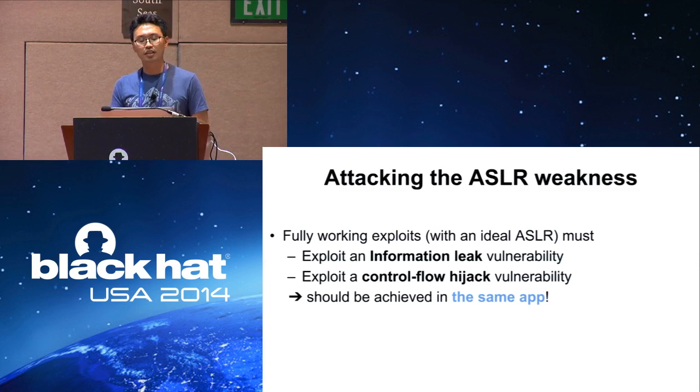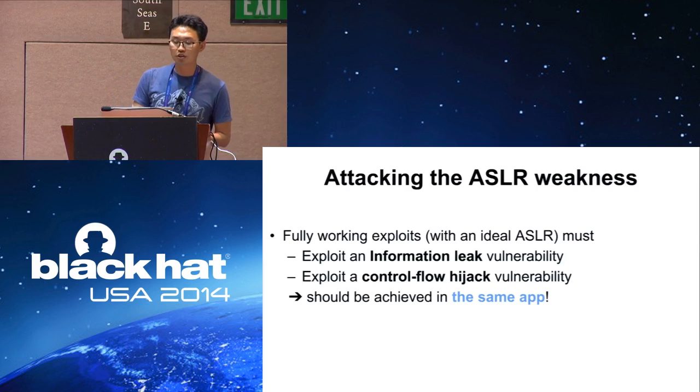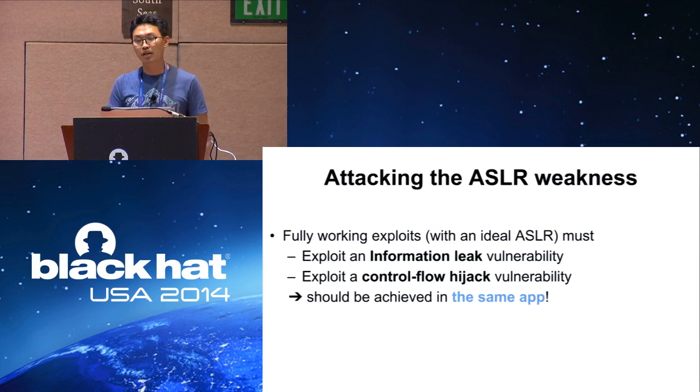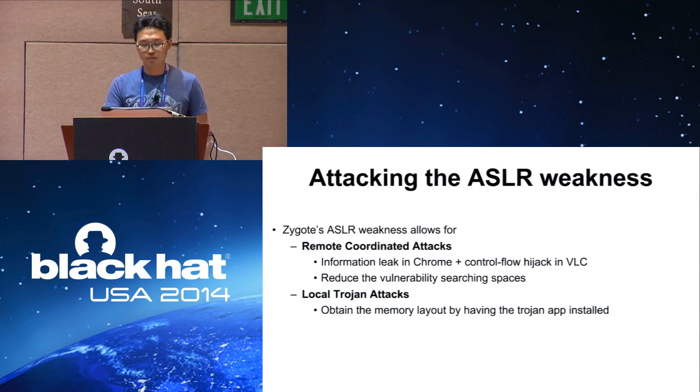Next, given the ASLR information from the information leak vulnerability, you further exploit a control flow hijack vulnerability like use after free or heap overflow. Ideally, these two different attacks should be achieved in the same application. But because address information is shared across different applications, we can do the following.